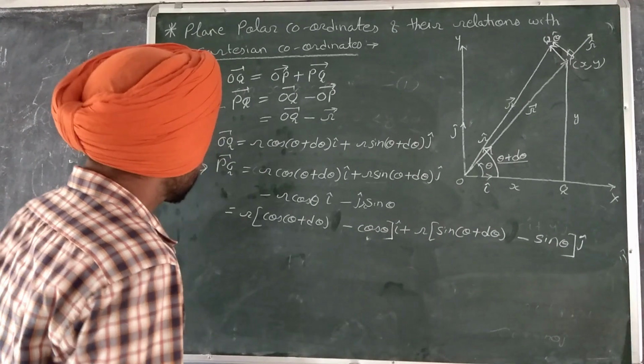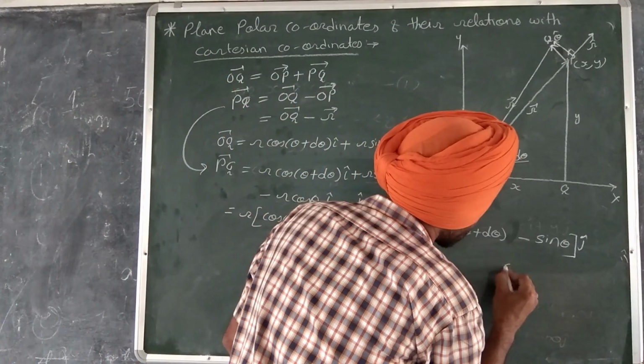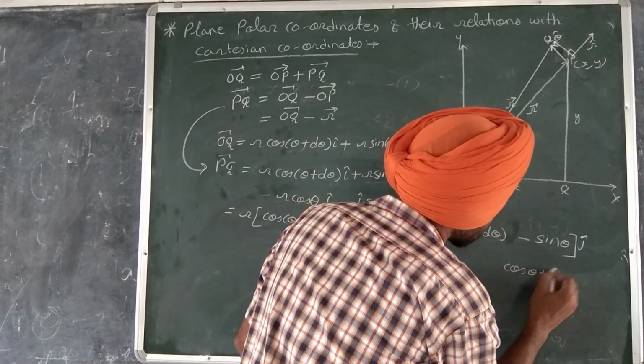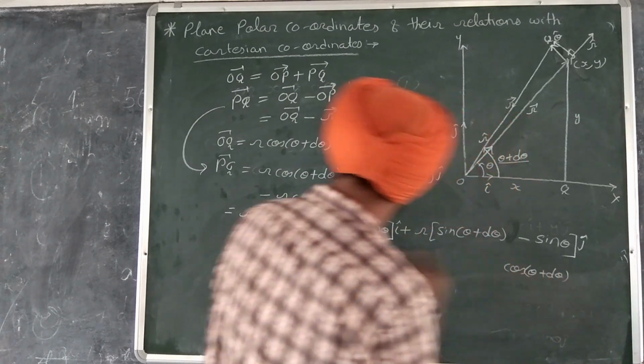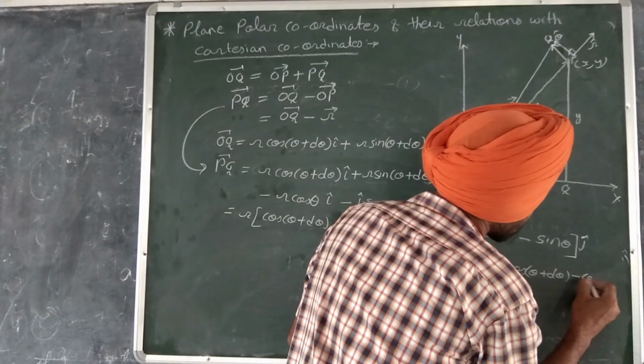Okay, so we can write it as cos(theta plus d theta) minus cos theta.